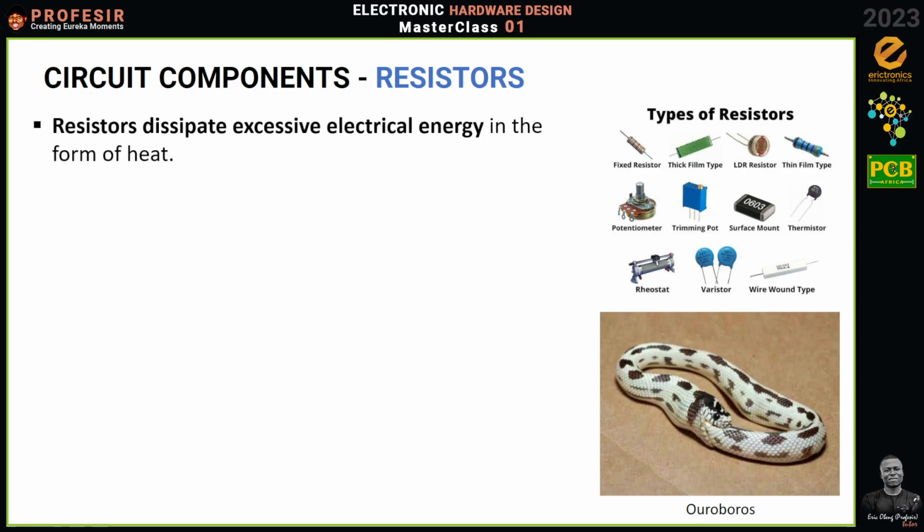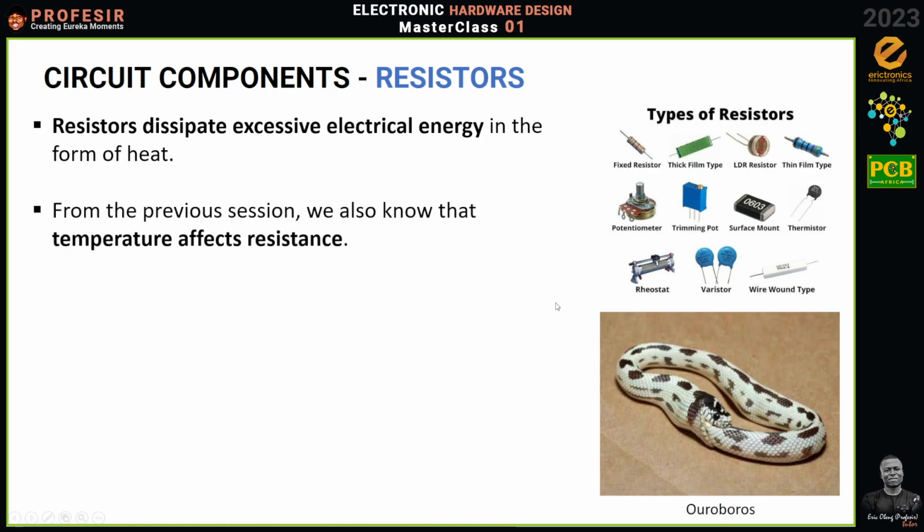The way resistors get rid of this excess is by converting it into heat energy, which then gets radiated from the body of the resistor. Now, remember in the previous session that we said that among the things that affect the resistance of a material, temperature is part.